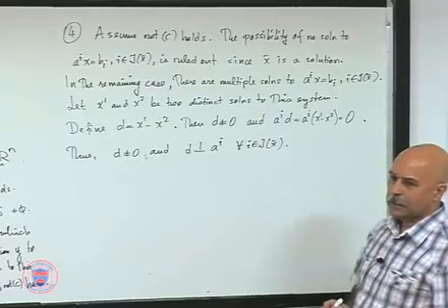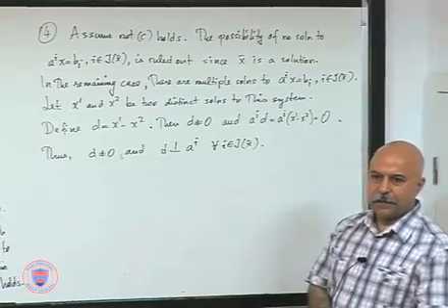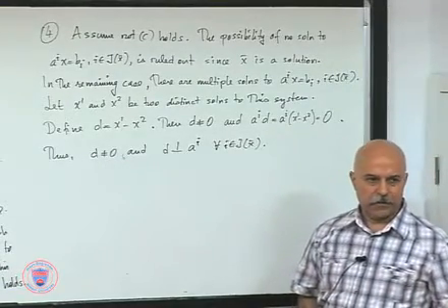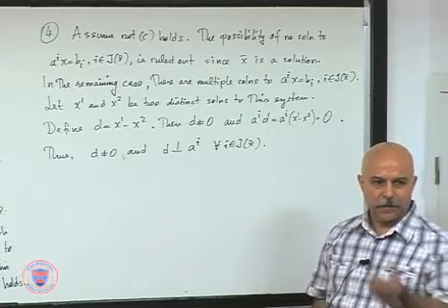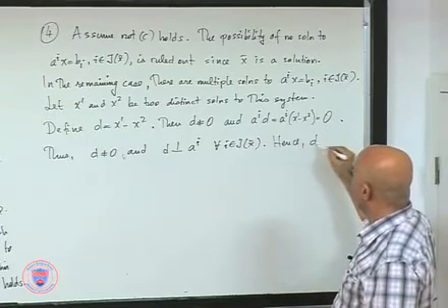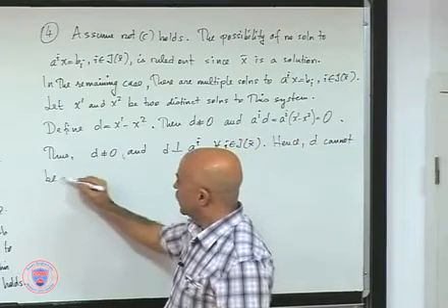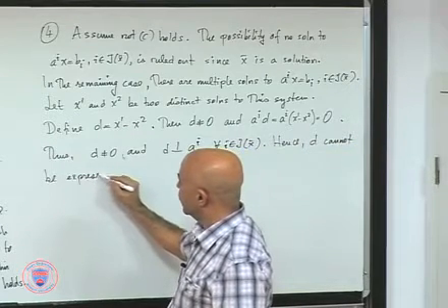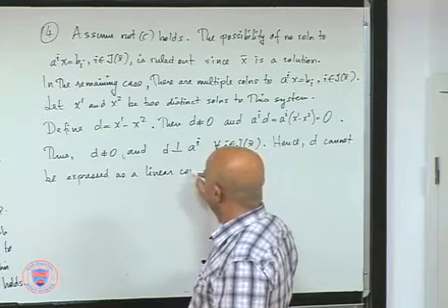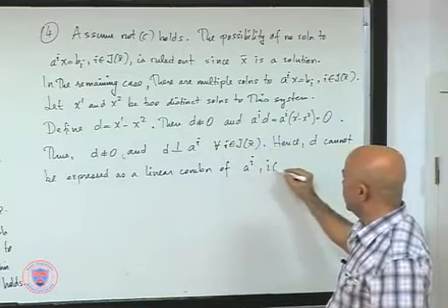So obviously the span of these vectors cannot express D as a linear combination. Hence, D cannot be expressed as a linear combination of the vectors AI, I in Jx.